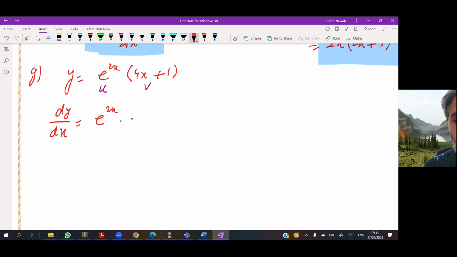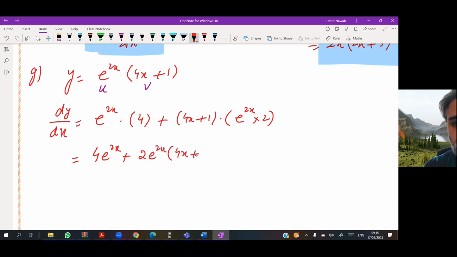The derivative of 4x plus 1 is 4. Then 4x plus 1 as it is. The derivative of e raised to power 2x, we keep the same answer for e, but the further derivative of 2x is 2. So 4e^2x plus 2e^2x times (4x plus 1).